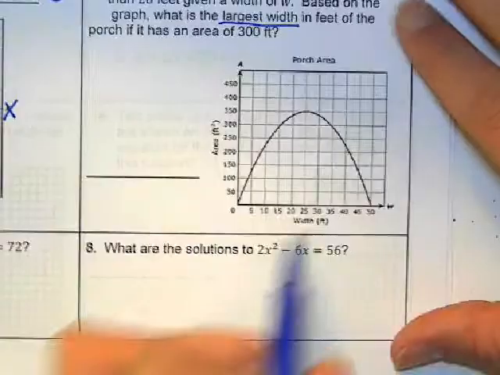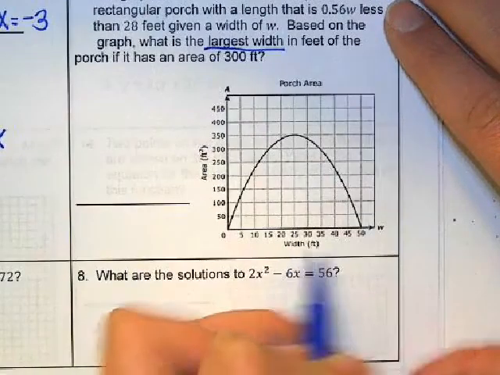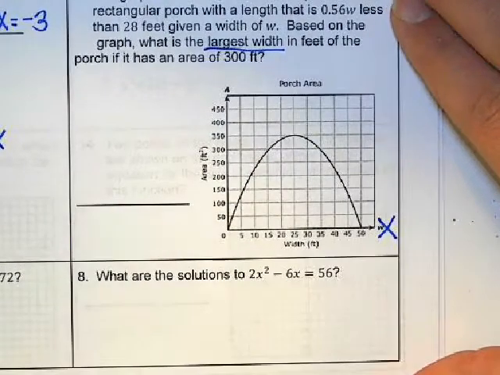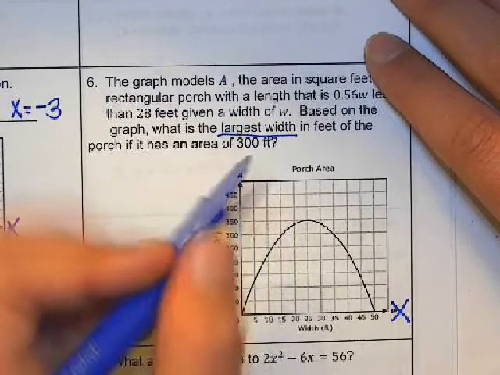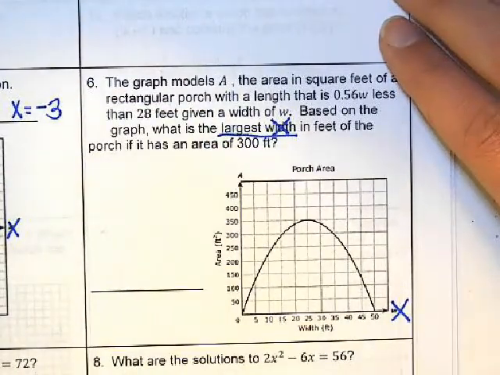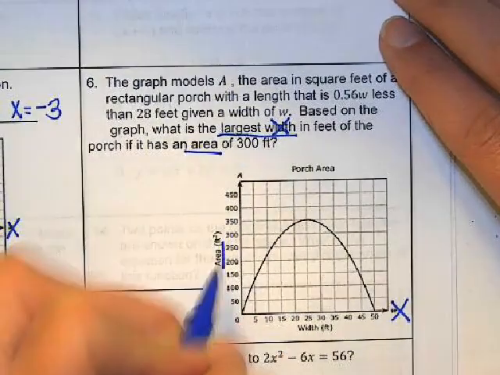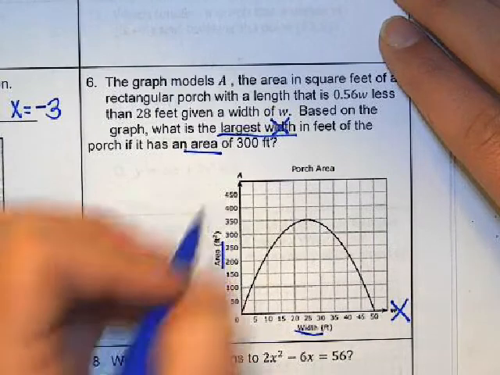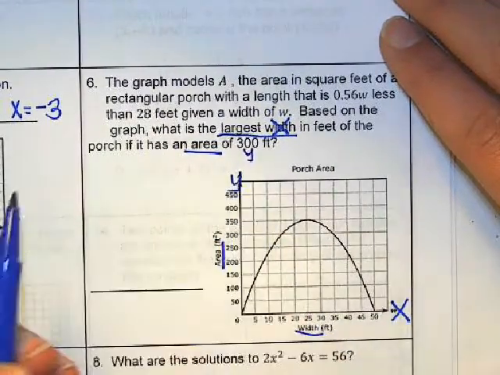Okay, well here's width, and width is measuring my x numbers. So what is the largest width or the largest x in feet of the porch if it has an area? Area is measuring my y numbers. So 300 is going to represent y.